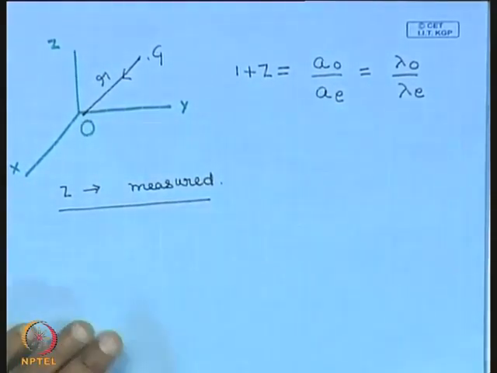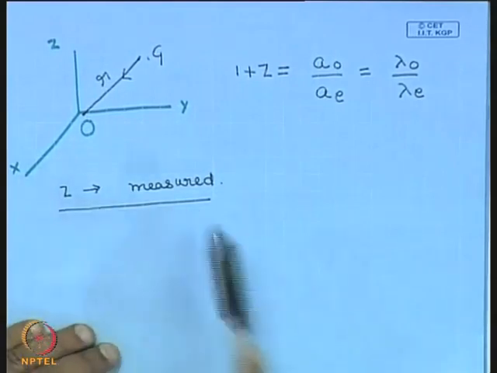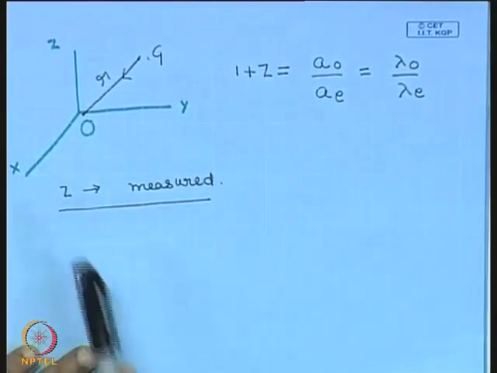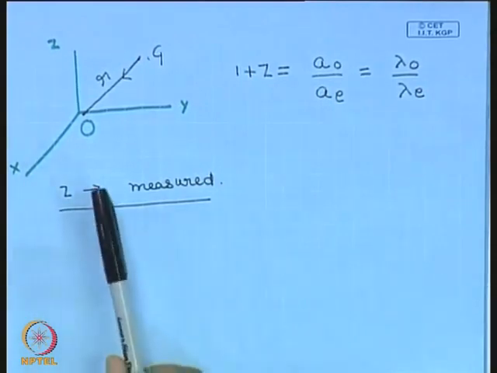So basically you have to do spectroscopy, you have to identify some spectral line in the radiation spectrum. Once you can identify a spectral line, you can determine the redshift. This is the quantity that is measured.